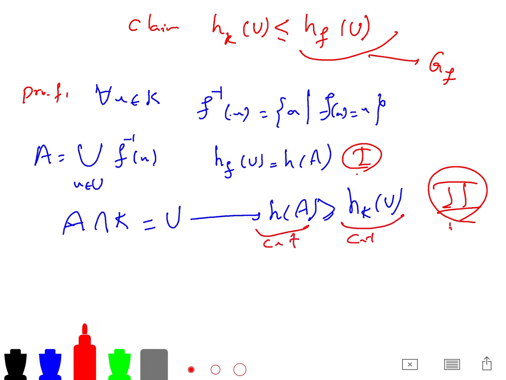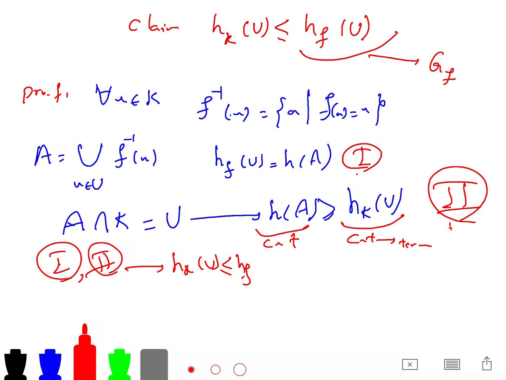But this cut is restricted to terminals, and from 1 and 2 we can say that h K of U is less than or equal to h f of U.